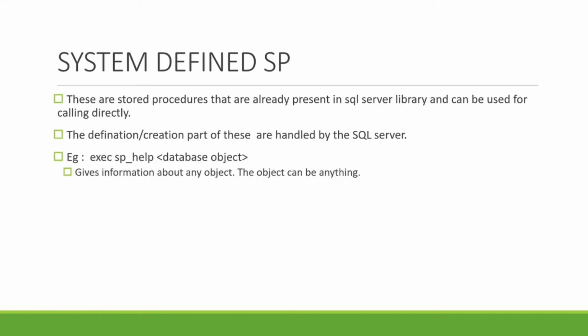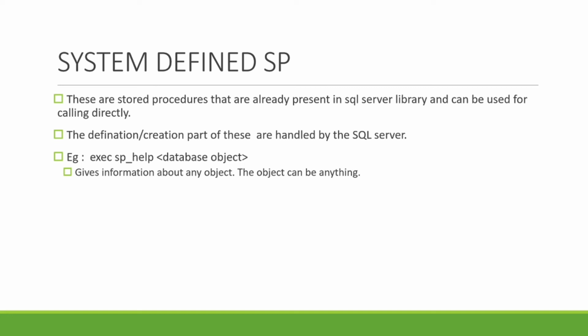If I give you an example, there is sp_help, a system defined stored procedure. Whenever we give it any database object, which can be anything, any view of the database, or any particular user defined procedure, it gives information about it.